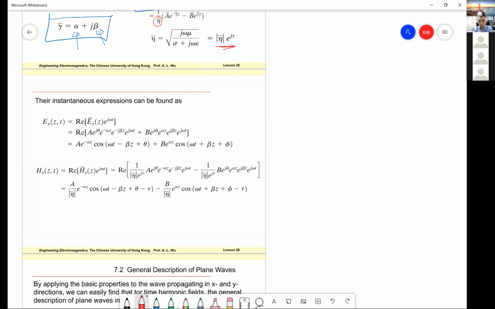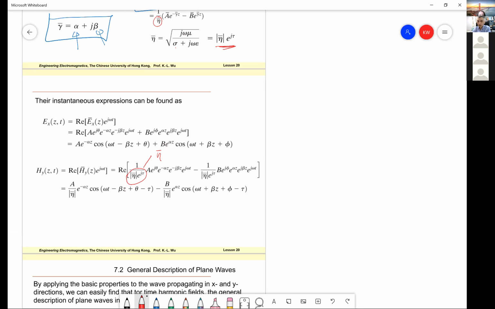Once we know the electrical field, how to find the magnetic field? We just divide by the wave impedance. Because wave impedance is a complex number. When we mention complex numbers, that means you are using phasor, because in real world quantities you never can find a complex number.